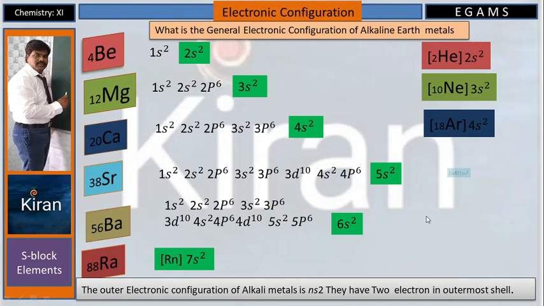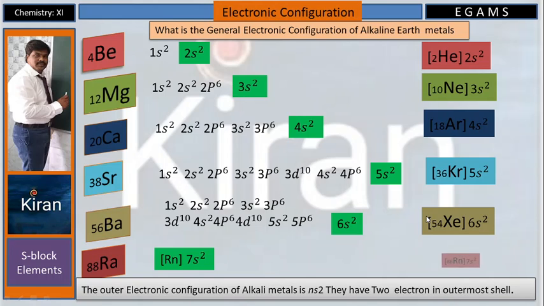With respect to krypton, strontium is 5s2. With respect to xenon, barium is 6s2. And with respect to radon, radium is 7s2. You can write the simple electronic configuration or this one; both are correct. Whichever is comfortable for you, you can follow that.